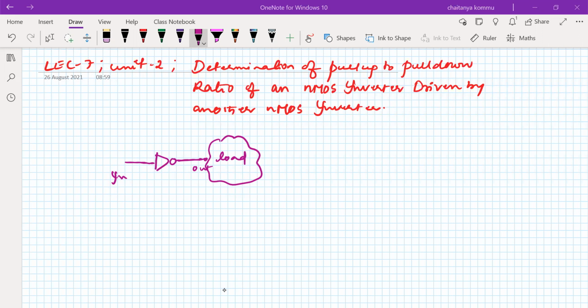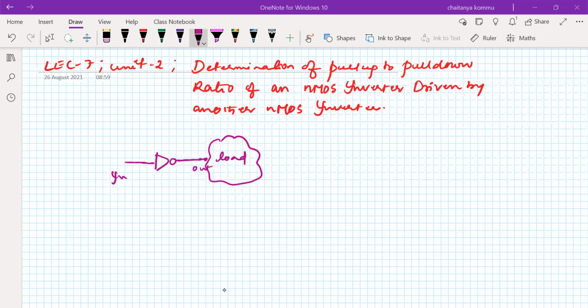Now the question is how much load I should apply to this inverter so that whatever the input is goes to the output side comfortably. This is the practical scenario that normally exists in circuits. Whatever circuit we design, here only one transistor, one NOT gate, should drive the load.